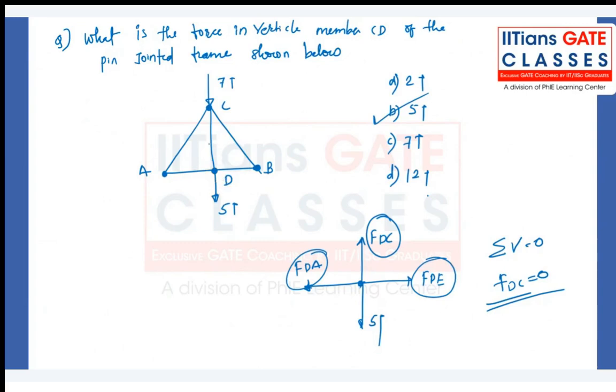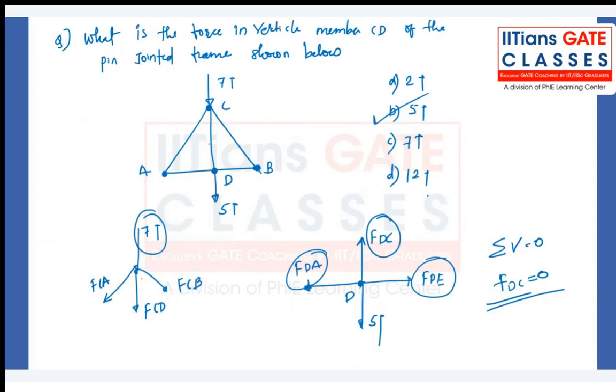You can either draw the free-body diagram of joint D, or you can also draw the free-body diagram of joint C, but again you will make things complicated. Why? Because at point C you will have 7 ton acting downward, you will have FCD, and then you will again have FCA and FCB. So basically this 7 ton will get distributed along these three forces.